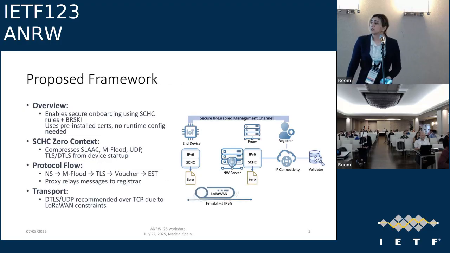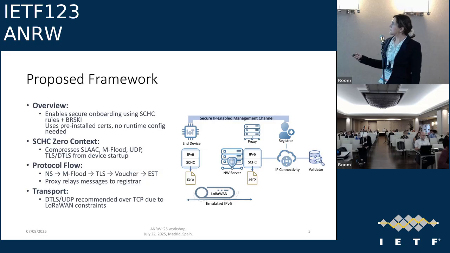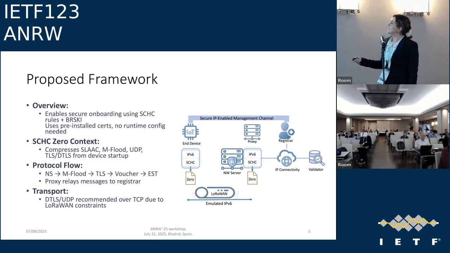So this is our proposed framework. You can see as an overview, here is the end device, which is followed by the network server, and this is the LoRaWAN network. And then here we can see the IPv6 network, which starts from the proxy and the registrar connected to the validator, which is used here as the security entity to validate the end device.